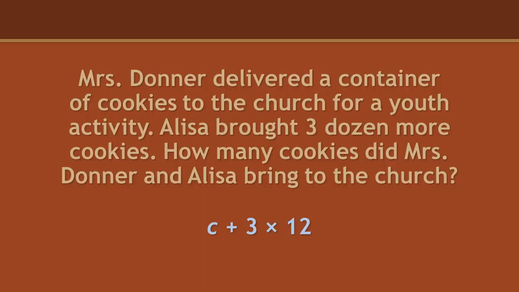So if we're talking about order of operations, or PEMDAS, we know that we are going to do the multiplication first. So we'll put that in parentheses to help us out. This is how we would write the expression for this word problem: C plus 3 times 12 in parentheses. That would be the expression that we would write for this.